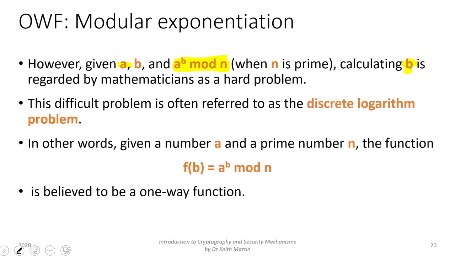That would be a difficult problem from a mathematical point of view. So that is what we mean by a hard one-way function. One way of the calculation is easy, the other way of the calculation is difficult.